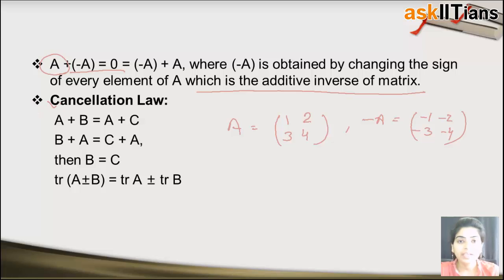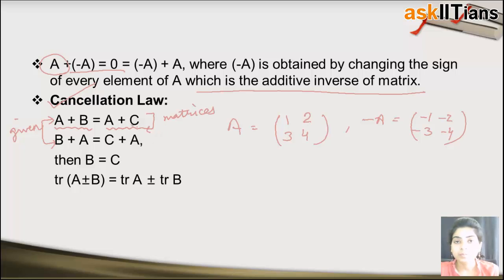Then I have the cancellation law. Cancellation law says A plus B is equal to A plus C. These are the given conditions. This is already given, right? So A plus B is equal to A plus C and B plus A. Note that all these A, B, C are matrices.